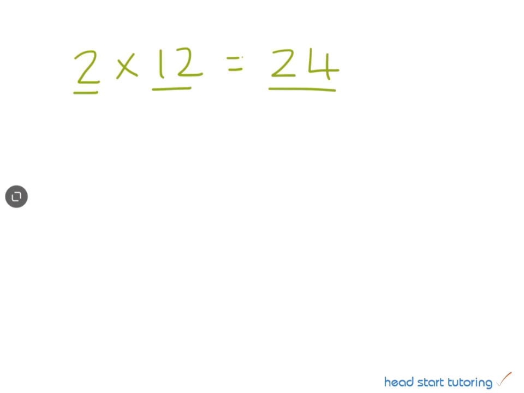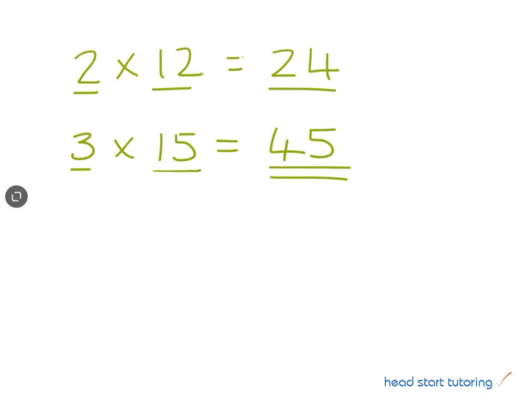Another example, 3 times 15 is equal to 45. That makes 3 a factor of 45, and 15 is therefore also a factor of 45 because they both fit into 45 perfectly. This also means that 45 is a multiple of both 15 and 3.